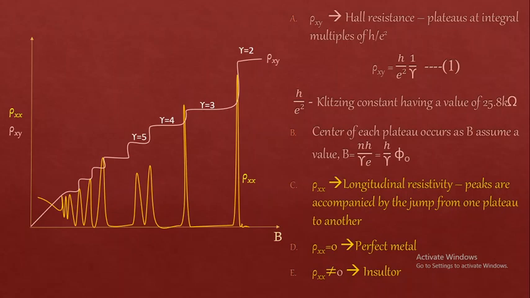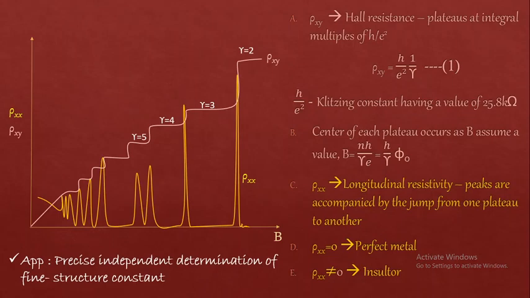So what is the significance of studying the quantum Hall effect is the question. The main application of the quantum Hall effect is that it provides an extremely precise and independent determination of the fine structure constant, which is a quantity of fundamental importance in quantum electrodynamics.